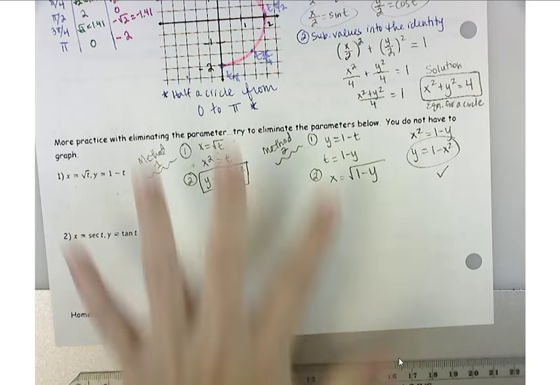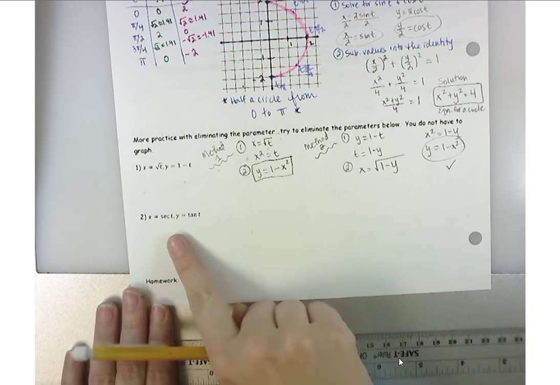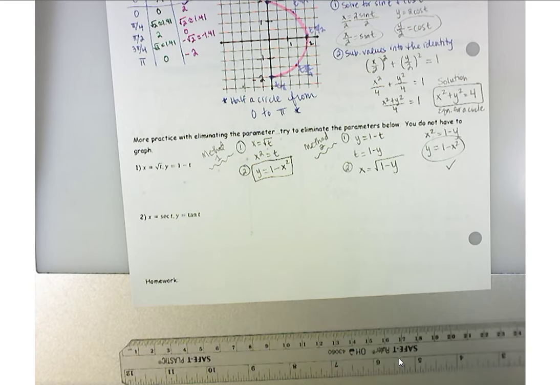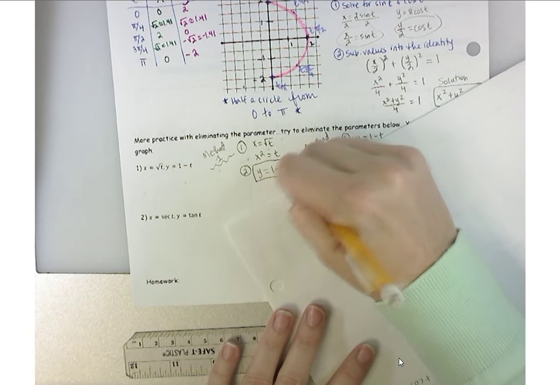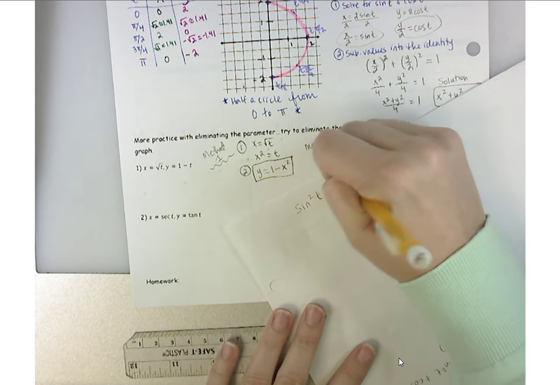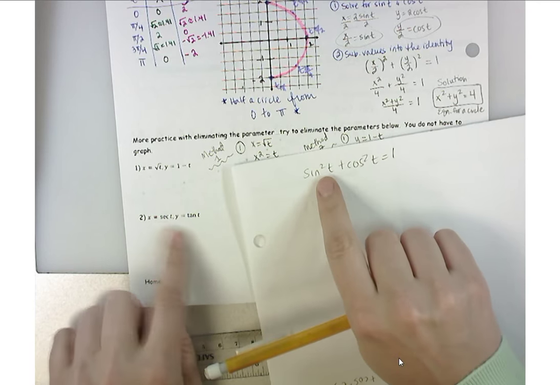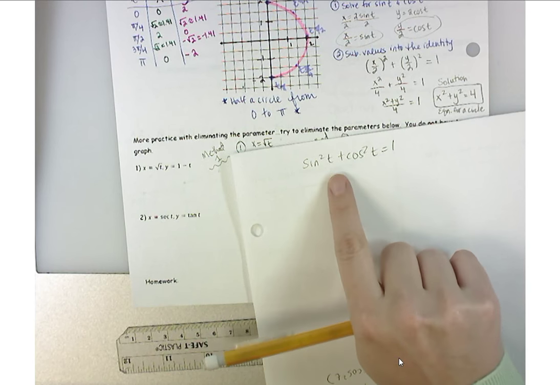Now, it seems some of us were struggling to remember what your identity is, but remember that you can take your sine squared plus your cosine squared equals 1. If you're trying to get to tangent and secant, you can divide these all by what?